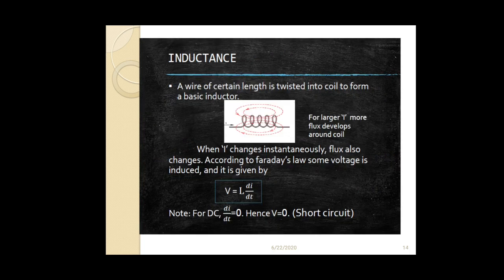The next parameter is inductor. Inductor is a coil or electromagnetic device that opposes any change in current. In other words, an inductor stores energy in a magnetic field. The value of an inductor is called inductance.